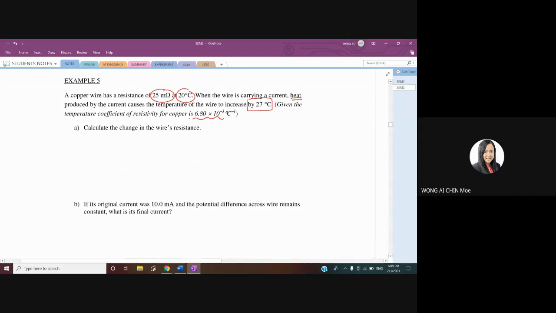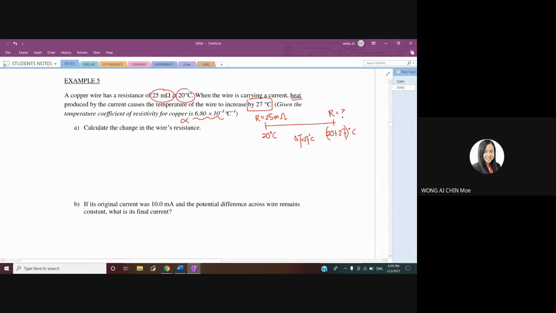And they give you the temperature coefficient of resistivity, alpha. Initially, at 20 degrees Celsius, your resistor is 25 milliohm. The temperature increased by 27, so your delta T is 27 degrees. At 47 degrees Celsius, what is the new resistor? Later they will ask you to find it.